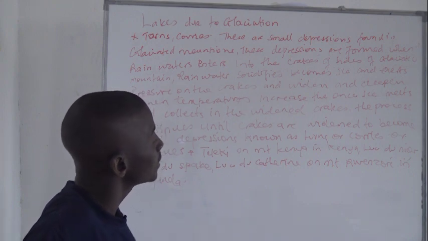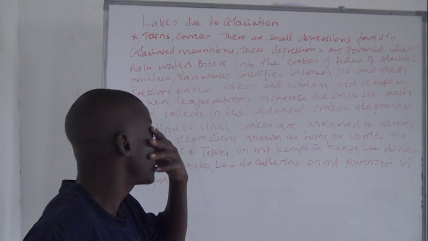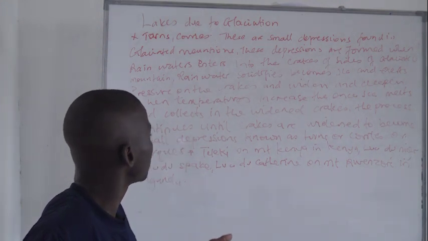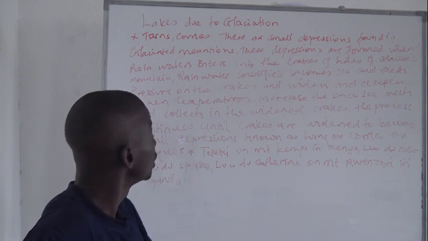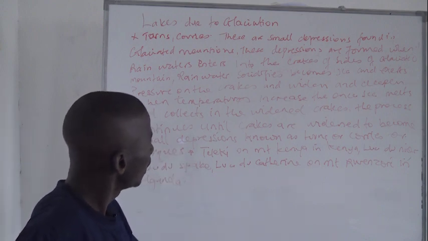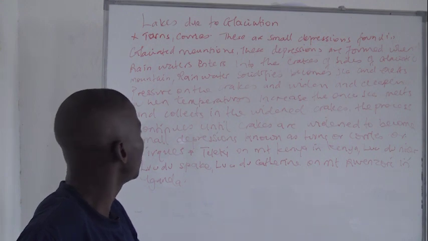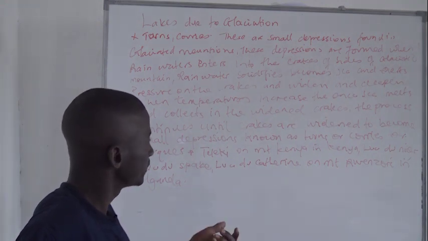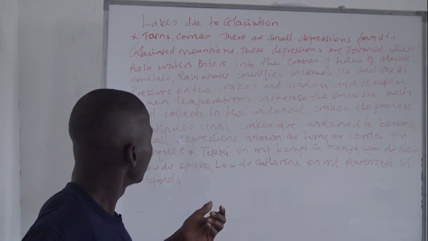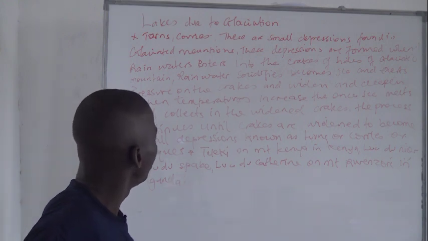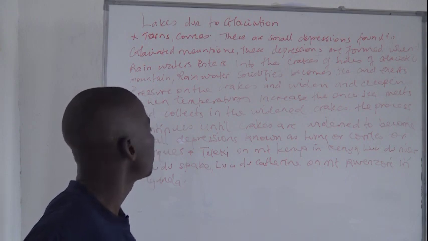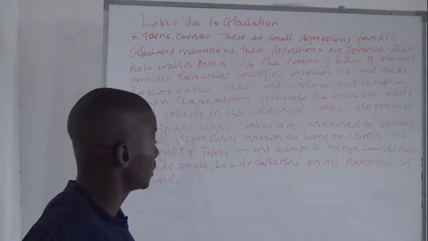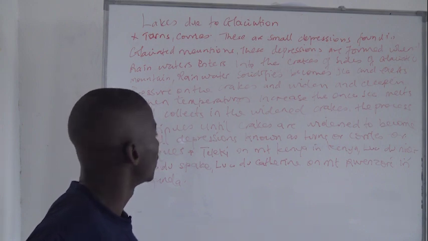So continuous pressure to the cracks forces the rocks on the sides to shatter through what we call frost shattering. Now, after shattering or breaking, they are widened and deepened. The process continues until cracks are widened and a small depression that we usually refer to as tarns or corries is created.